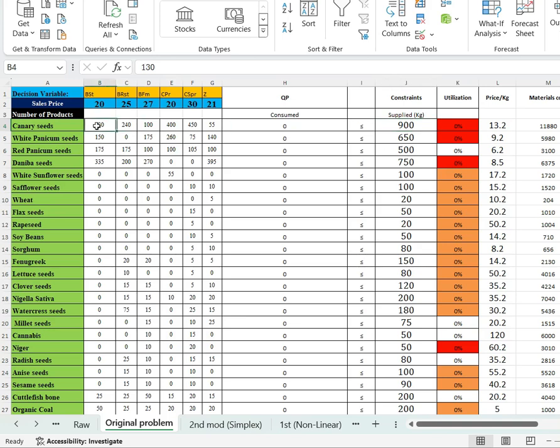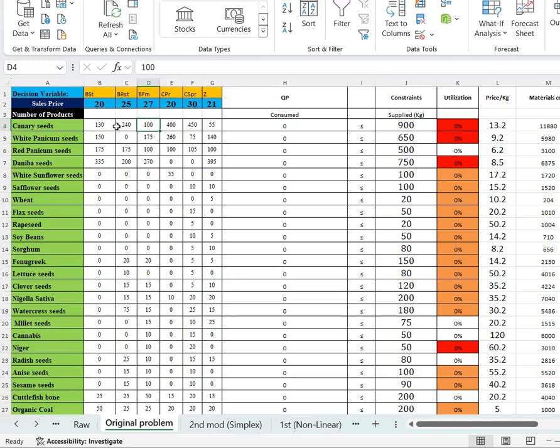And here we have the amount of raw material needed to produce one package of each product. So for example, for this raw material, canary seeds, I need 130 grams to produce one package of this budgie product, and I need 240 grams to produce one package of the second product, and so on.